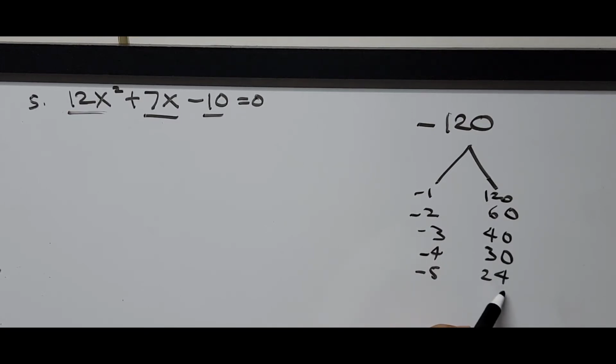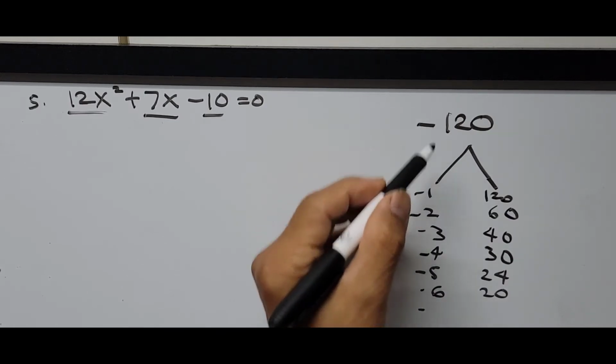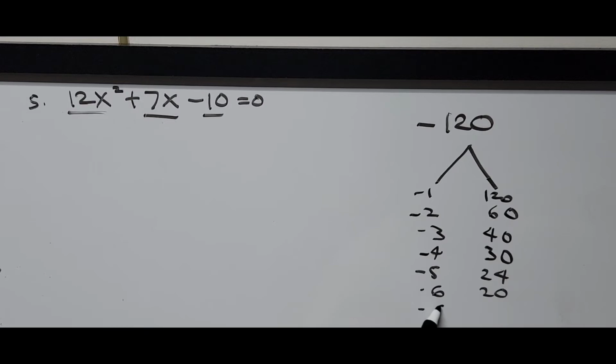5 times 24 is 120, and then 6 times 20 is 120, and then 7 is not a factor of 120, so 8. So negative 8 and 15: 8 times 15 is 120.